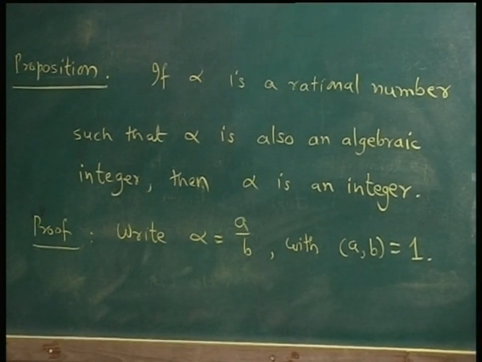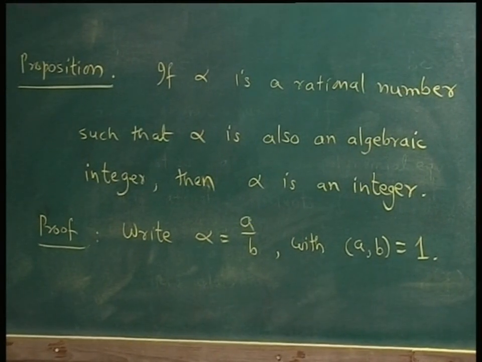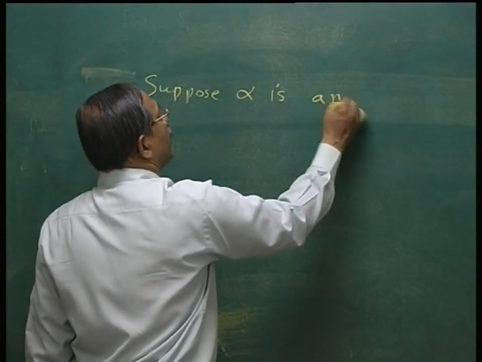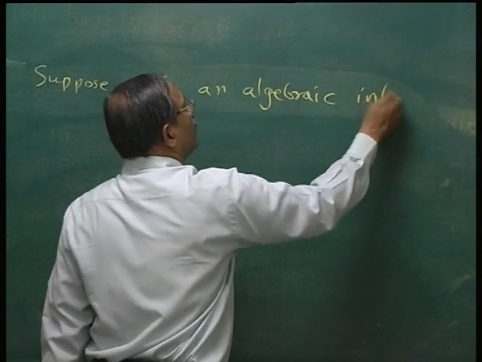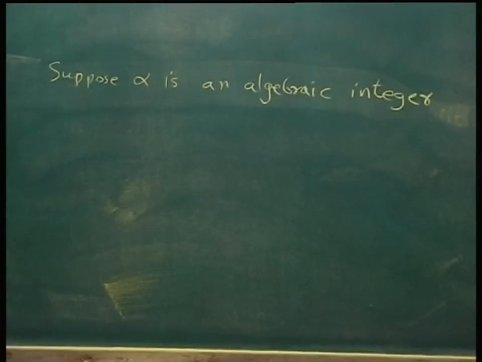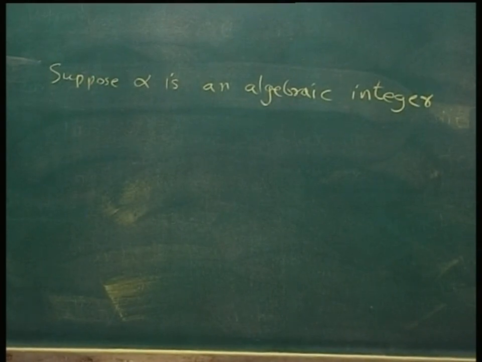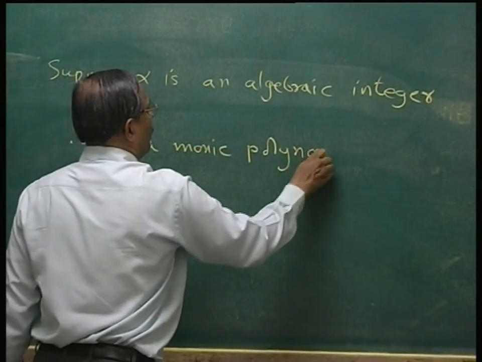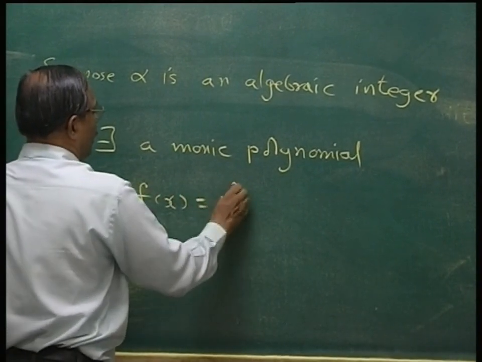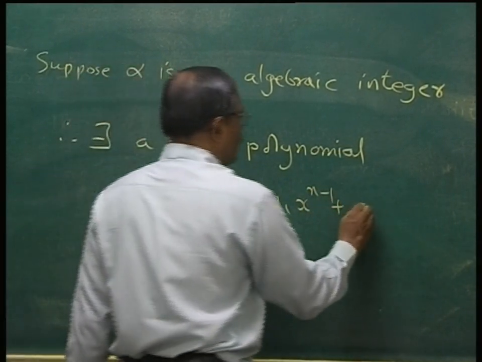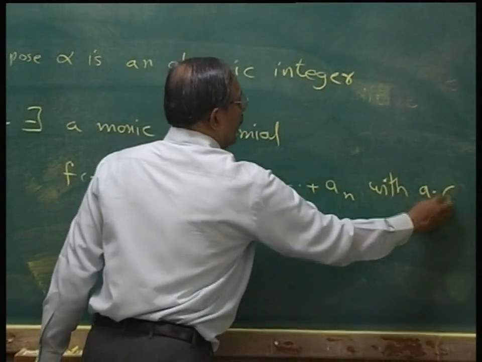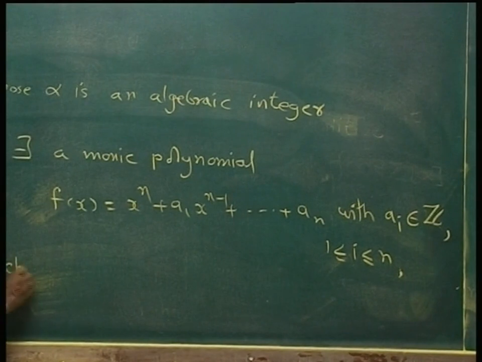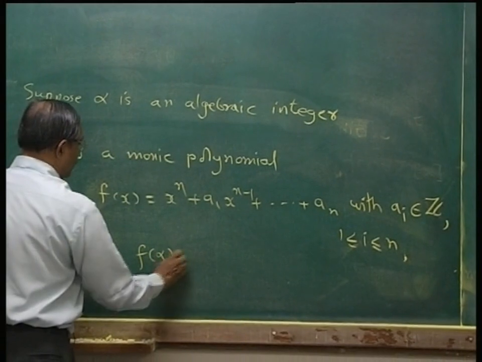Suppose alpha is an algebraic integer, that would mean that there is a monic polynomial with integer coefficients which is satisfied by alpha. Therefore, there is a monic polynomial f(x) equal to x^n plus a1 x^(n-1) plus etc. plus an, with ai belonging to Z, 1 less than or equal to i less than or equal to n, such that f(alpha) equal to 0.